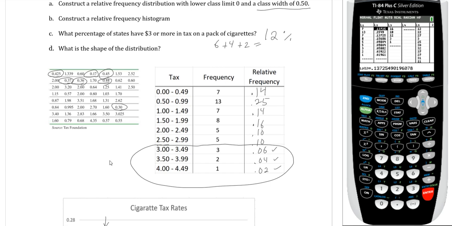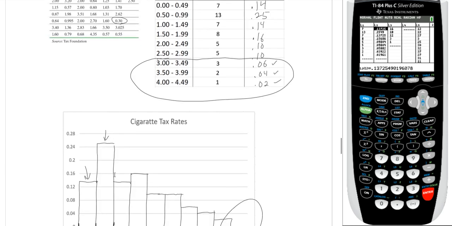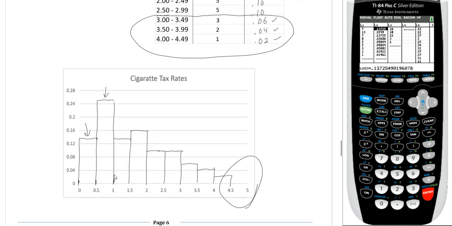And lastly, what is the shape of the distribution? The shape of the distribution, looking at my graph, I see if I were to make a general trend or curve over this, I have a large amount of the values early on, and then it tapers off to the right.